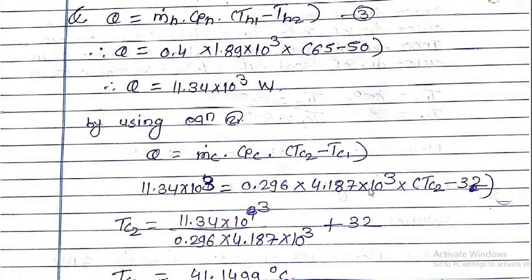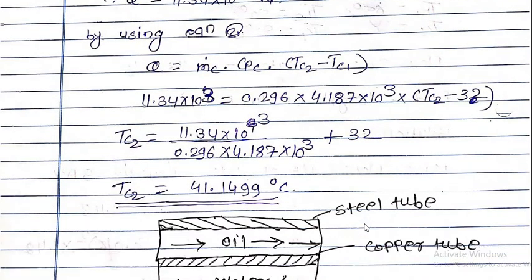So 4.187 multiplied by 10 raised to 3 multiplied by the bracket Tc2, which we have to find, minus 32, which is the Tc1 temperature. So we get Tc2 equal to 11.34 into 10 raised to 3 whole divided by 0.296 multiplied by 4.187 multiplied by 10 raised to 3, plus 32. By solving this equation we'll get Tc2 equal to 41.1499.